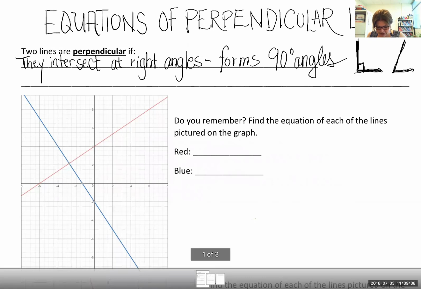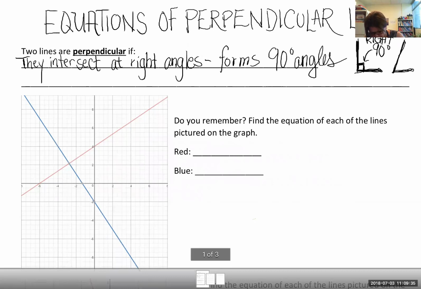So looking down here, this is the mark that mathematicians will use to say it's a 90-degree angle. They'll put that little square right in there, the shortcut way to tell you that this is for sure, we promise, a 90-degree or right angle. If you look at these two lines here, they are definitely perpendicular.